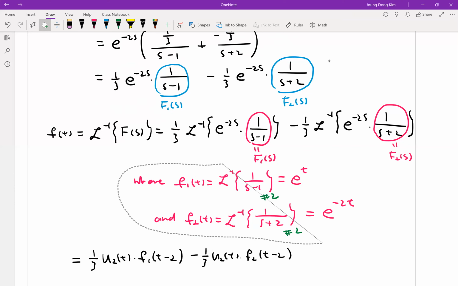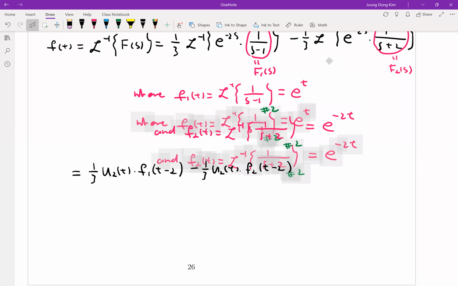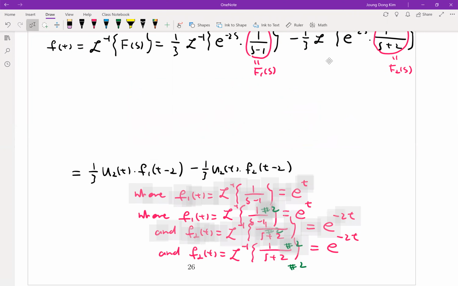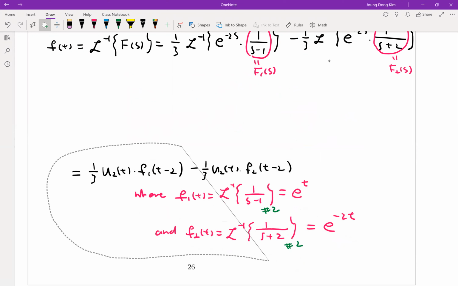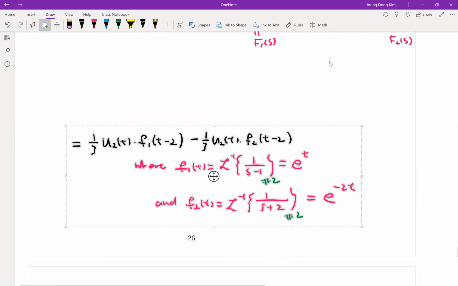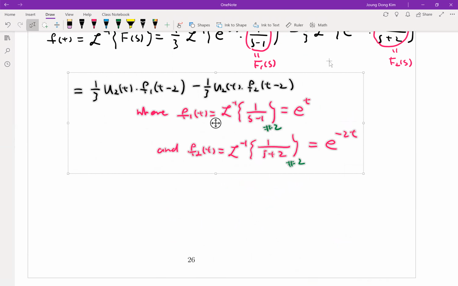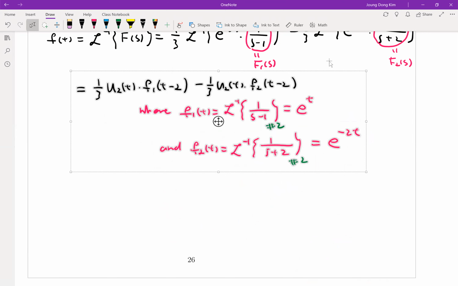This part must go below like that, and let me write everything here. This is a better order to write.